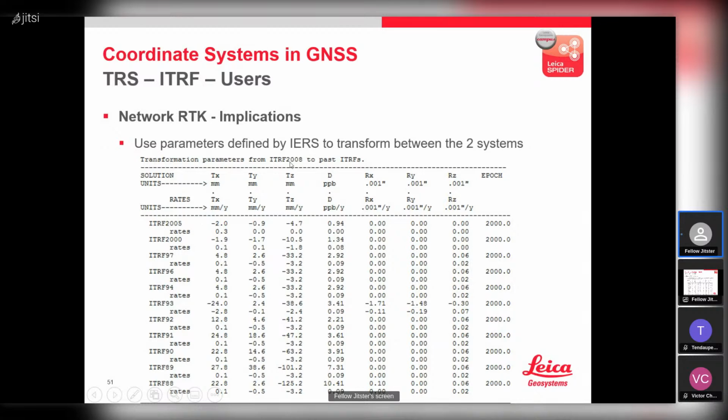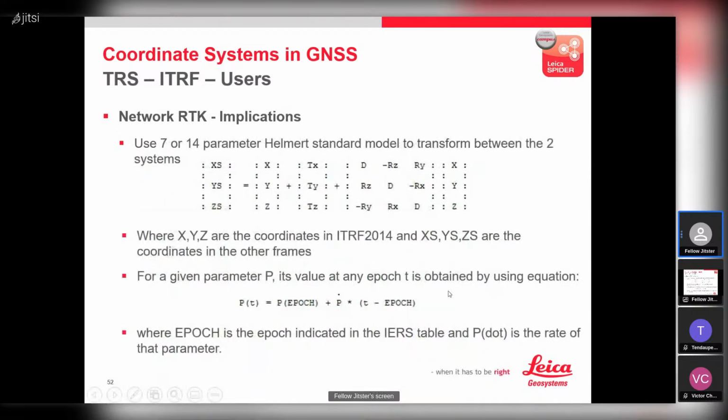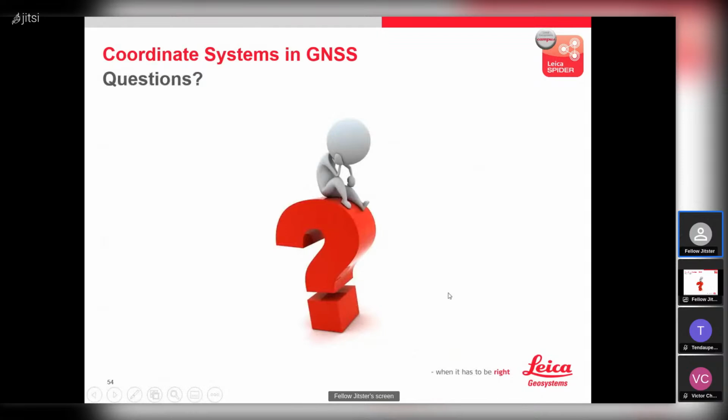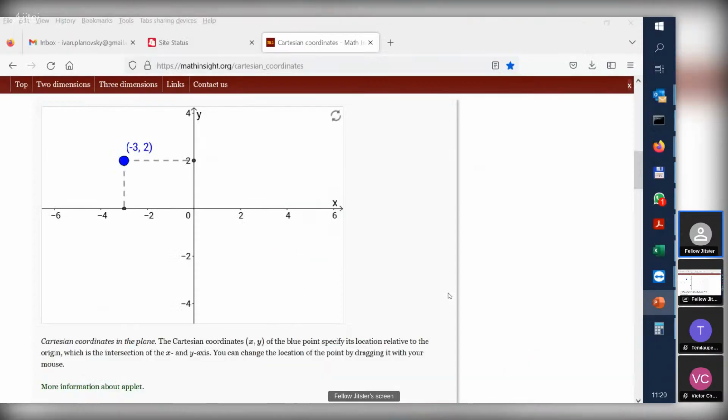But if you have different reference epochs, such as for ITRF 2008, the epoch was 2005, then you need to take into consideration these parameter changes, and that's why you need to use this 14 parameter transformation. So this is basically the theory, and now we still have 10 minutes.